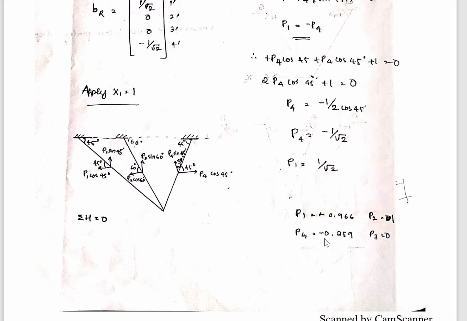P4 is equal to minus 0.259 and P3 is equal to 0 because there is no member P3 there. So the third coordinate is taken as 0. So the value of P1 is minus 0.966 and the value of P4 is minus 0.259. So these are the values when you solve using the method of joints.